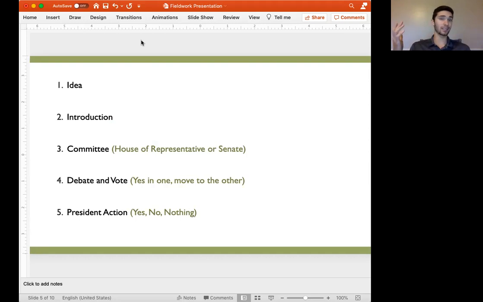So technically you could say there's 9, because there's 4 and 4 and then presidential action. So 4 plus 4 is 8 plus presidential action, 9 steps, but we're keeping it to 5 because the first 4 literally just redo once they get to the other house. So once they debate and vote, it moves to the other house. And if both houses agree, that can move into presidential action.